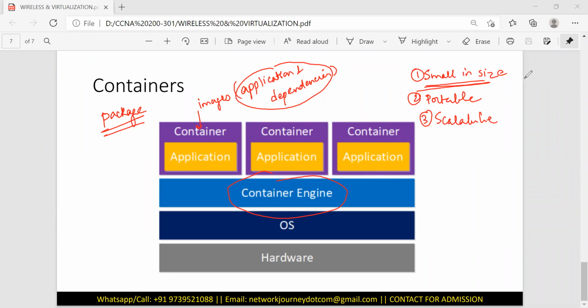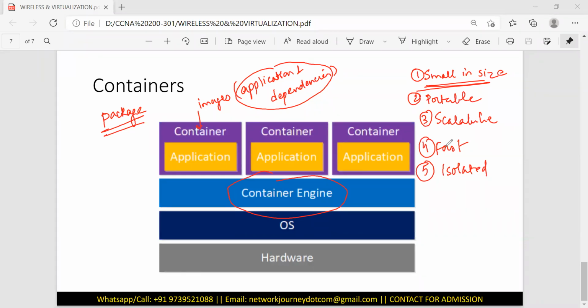They are small, portable, scalable, and fast, because you don't need to wait for another operating system to boot and load before your application runs. They are also isolated, because none of them is going to impact each other.